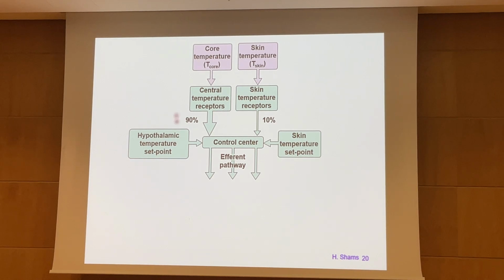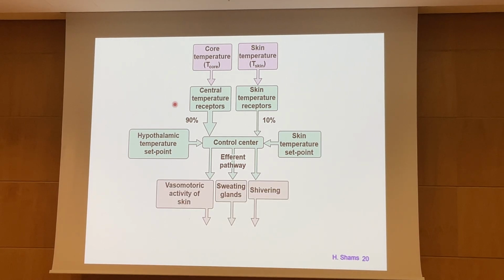All this information is integrated and a response is produced to change the temperature. That response goes to the vasomotor activity of the skin, to increase the perfusion if it is warm, and to decrease the perfusion if it is cold. It goes to the sweat glands, so that if it is warm, sweating starts, and it goes to the muscles, so that if it is cold, the shivering starts.